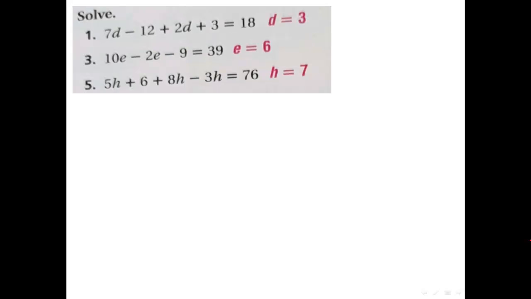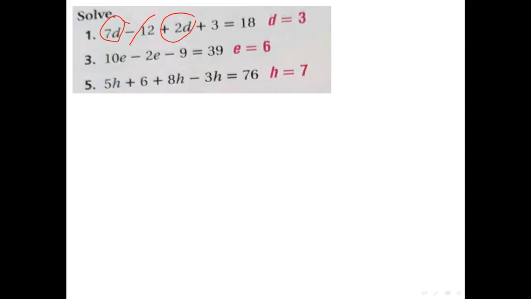Question 1 here, we have 7d minus 12 plus 2d plus 3 equals 18. What we will do here, we will combine the like terms. Where are the like terms that we have here? We have 7d and 2d, it's 9d.